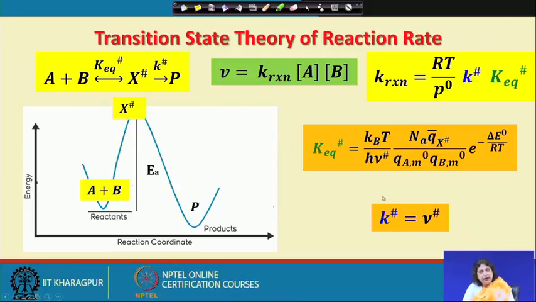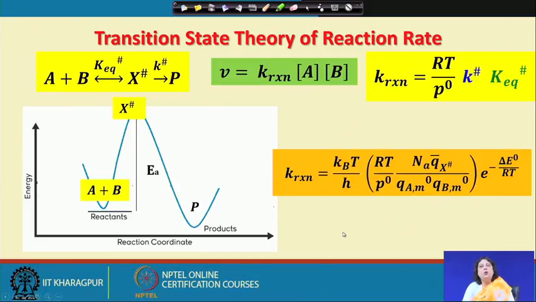Now, if I combine these two conditions, what I get is a molecular expression for the rate constant K reaction in terms of molecular quantities like Q bar X dagger, Q A M naught, Q B M naught, and so on, and this is the Eyring equation.